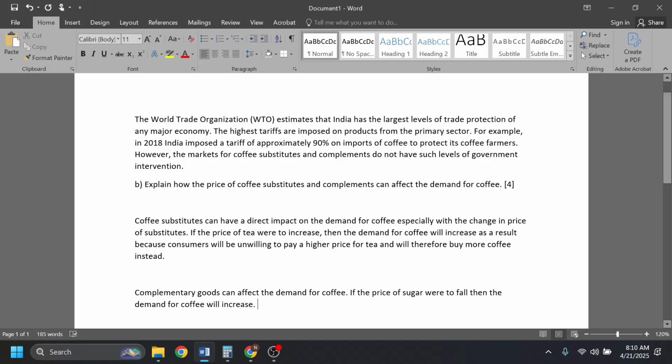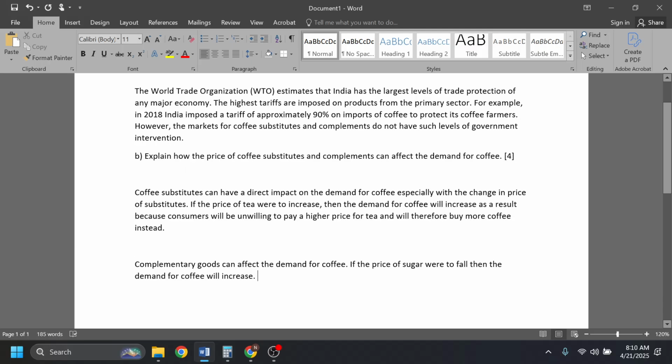So this should be credited with a mark. This, however, in my opinion, is not good enough for a 2-mark answer because how does it affect the demand for coffee? In what way? Here you can see it has a direct impact on the demand for coffee, especially with a change in price. See, you're being specific. Here, I'm not being specific, I'm being vague. So we're done with this answer.